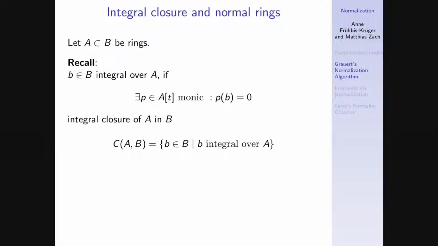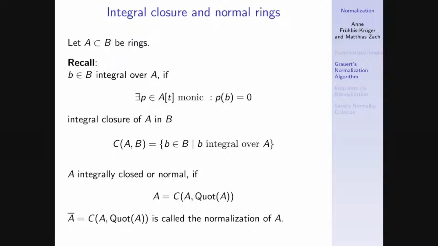So the coefficients of the polynomial are in A, the leading coefficient is 1, and b is a zero of that polynomial. We are saying something is the integral closure of A in B if it is the set of all elements of B that are integral over A. For shorthand notation in this lecture, I'll write C(A,B) for the set of all elements that are integral over A. That's a ring, by the way.